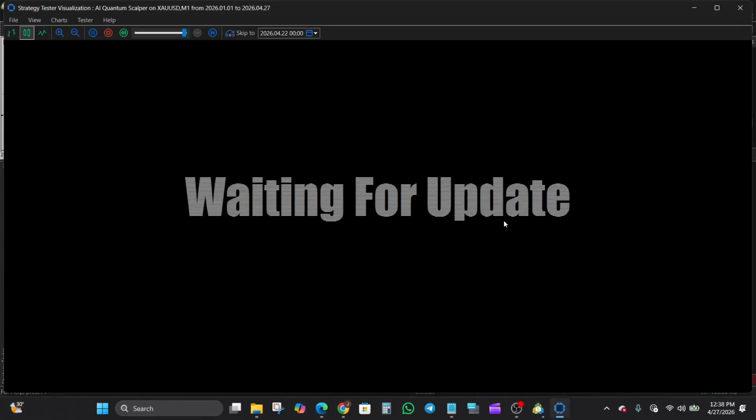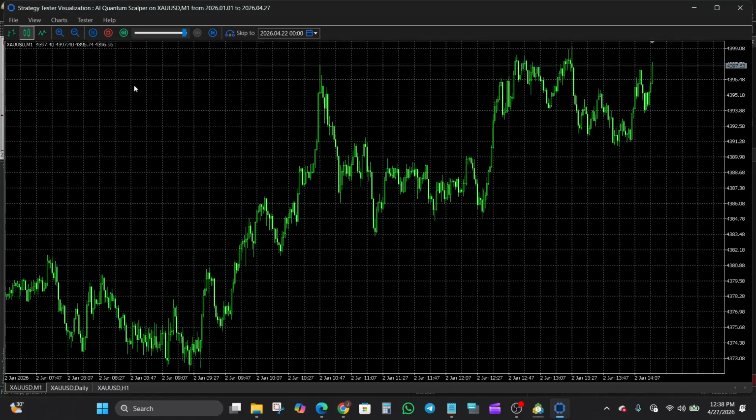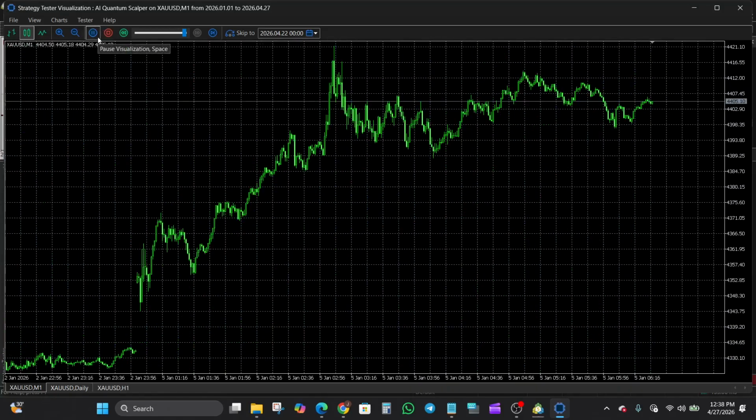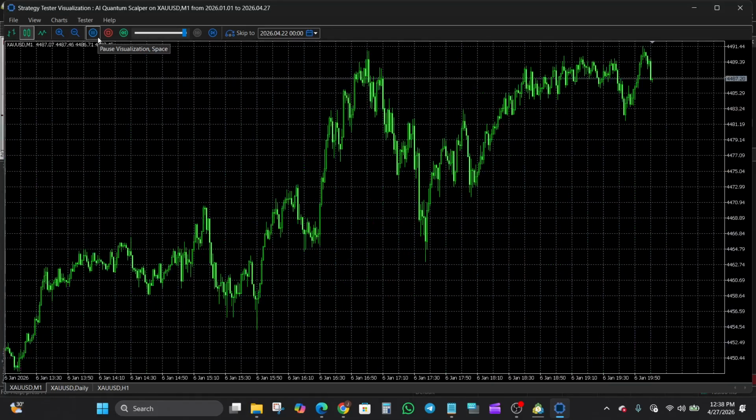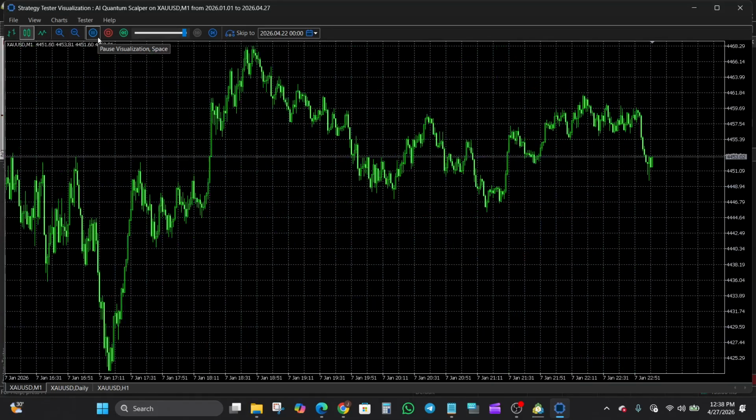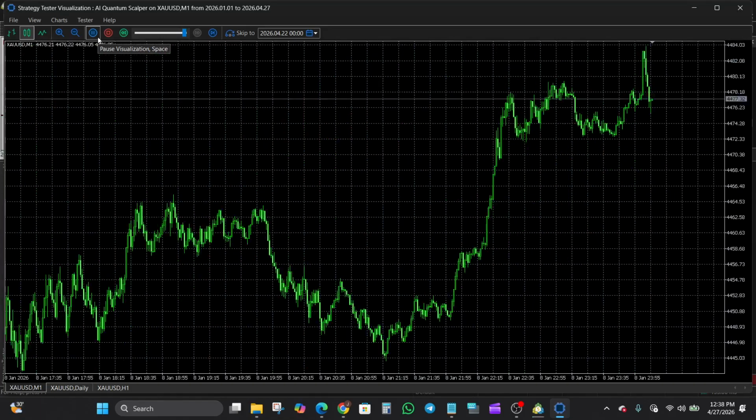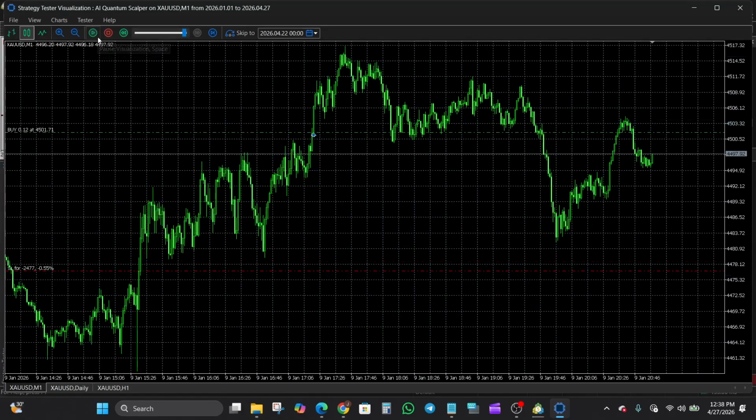And here we go. So we can see the EA actively searching for opportunities now in the market. We can see that the first trade has been executed. This entry looks like it's happening after a short pullback, right? We can see the buy entry here. There was a short pullback and then you can see a continuation.